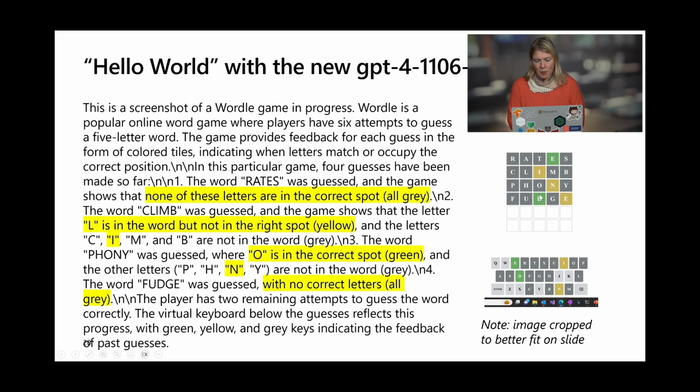But right below it is a green character. So again, it may be difficult for the model to recognize colors in a very specific location, because this isn't just recognizing colors. This is very localized color recognition that we're asking for. And then finally, it says that fudge had no correct letters, and in fact, a D and an E were correct here. So we have our work cut out for us. This is our starting point, and let's see what we can do.